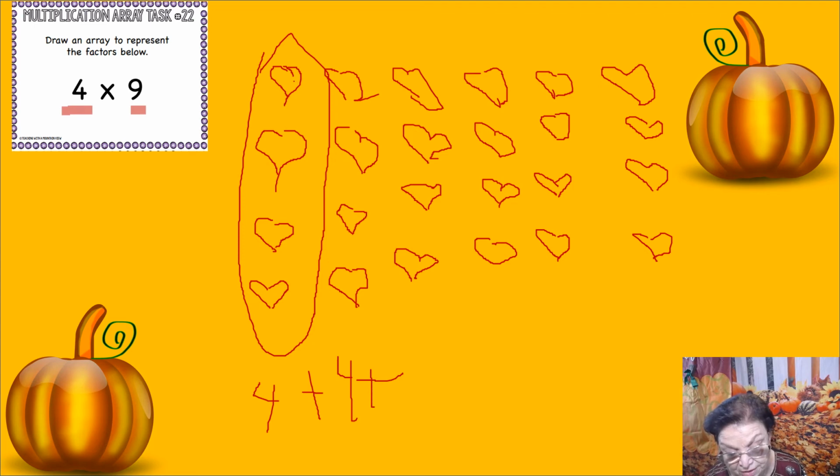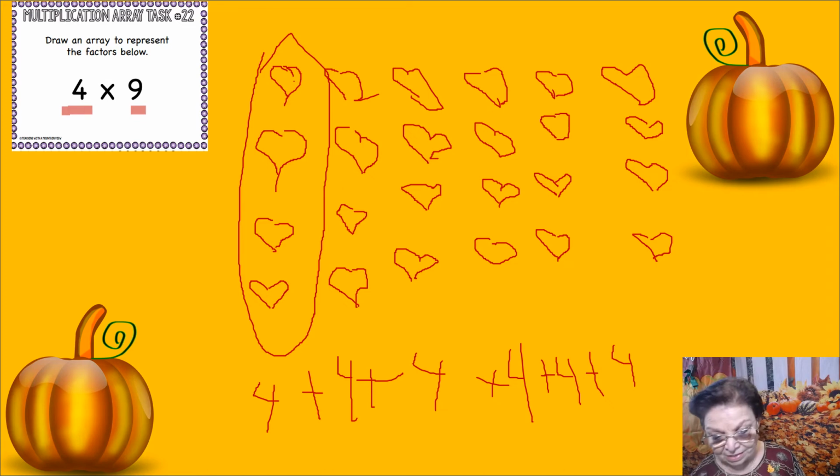This is repeated addition. That's all multiplication is repeated addition. Plus 4, plus 4, plus 4, and that's going to equal 32.